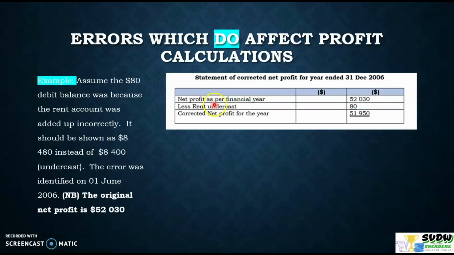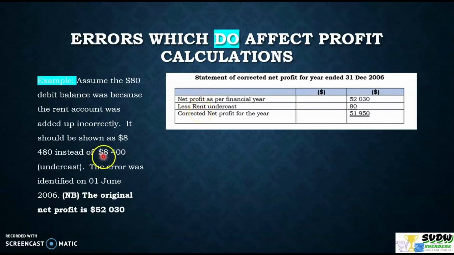So let us look at the statement of corrected net profit for the year ended 31st of December 2006. You would recognize that we started out with the original net profit of $52,030, and then we less the rent undercast. Why did we less it? We less it because normally rent, being an expense, would be minused from our gross profit, and this amount was short.